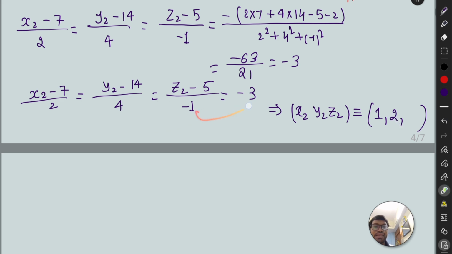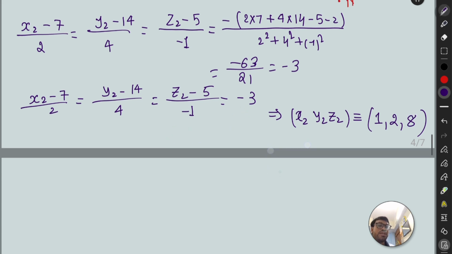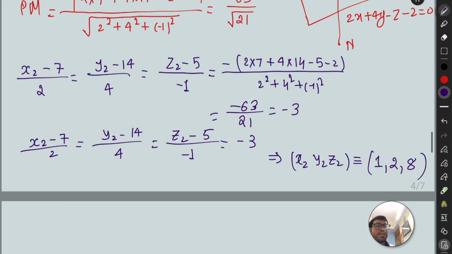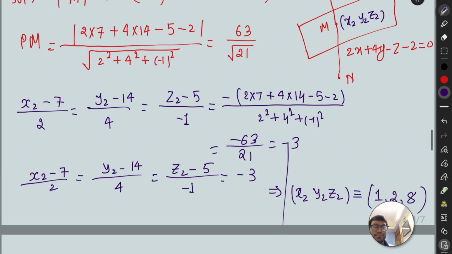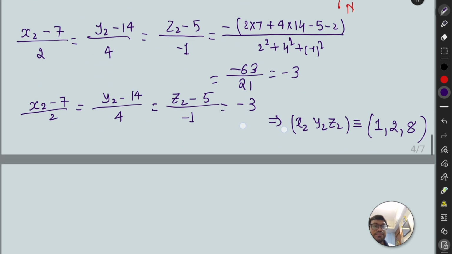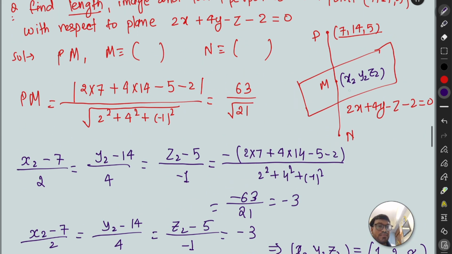And for z2, minus 1 into minus 3 is 3, plus 5 will be 8. So the foot of perpendicular we find is 1, 2, and 8. And it's your work to find the image.